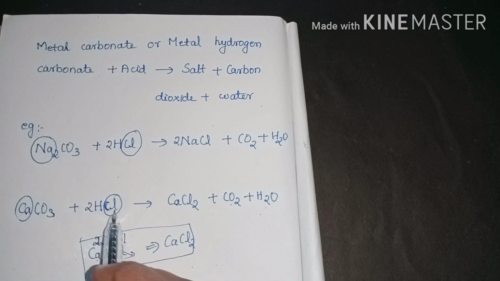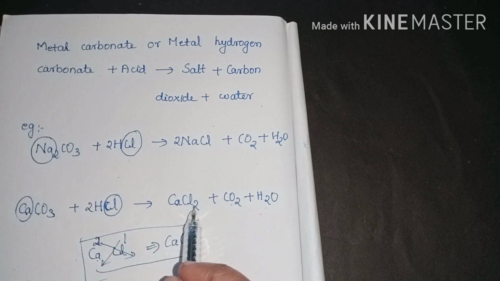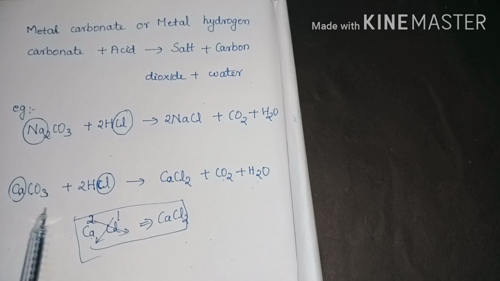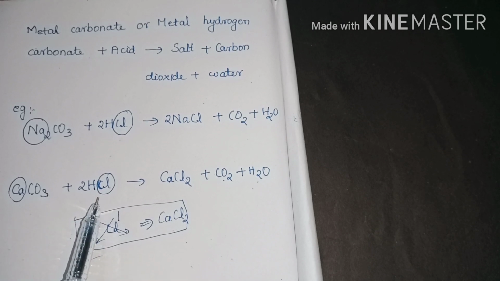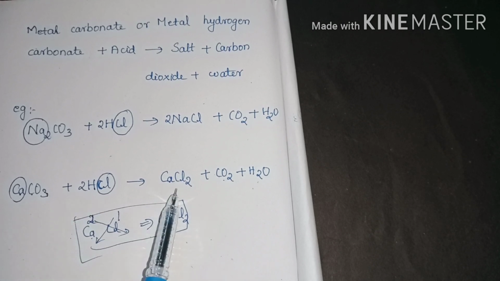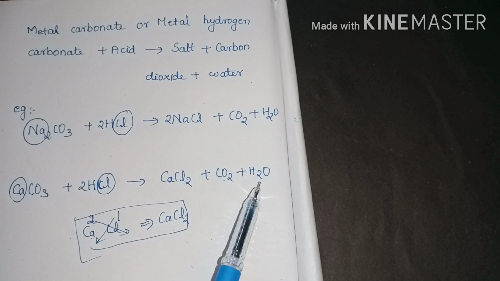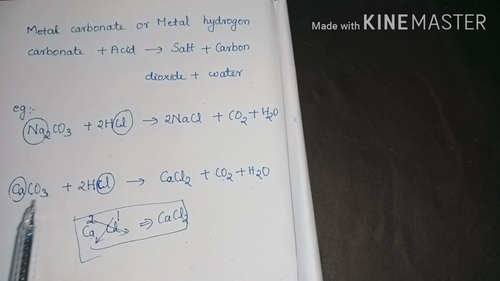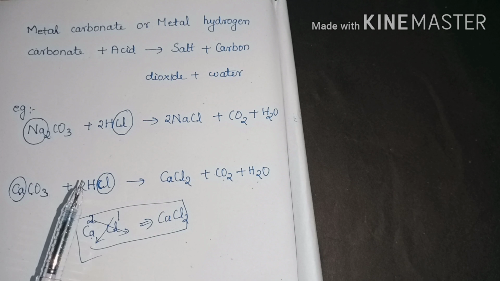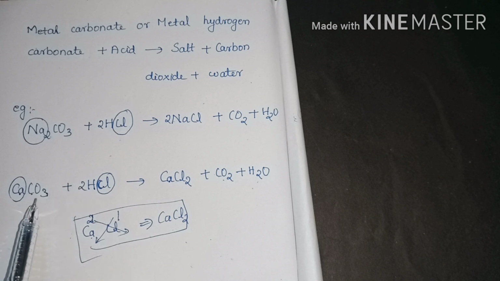Then here 2 chlorine atoms, here also 2 chlorine atoms. So this equation is balanced. So calcium carbonate on reaction with hydrochloric acid gives calcium chloride plus carbon dioxide plus water. Limestone, chalk and marble are different forms of calcium carbonate.